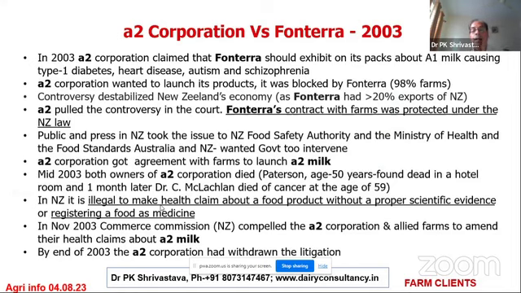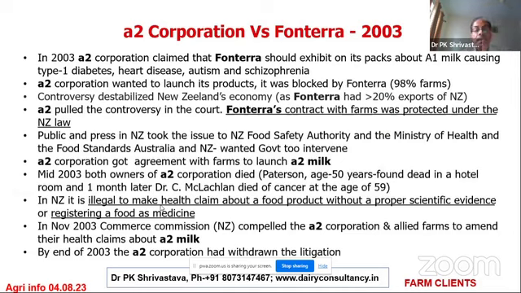One was Patterson and one was Dr. Maclan. It was the baby of Dr. Maclan who started telling that this A2 milk has a benefit and A1 has some devil in the milk. Dr. Maclan died of cancer at the age of 59, and everything happened within 2 months.